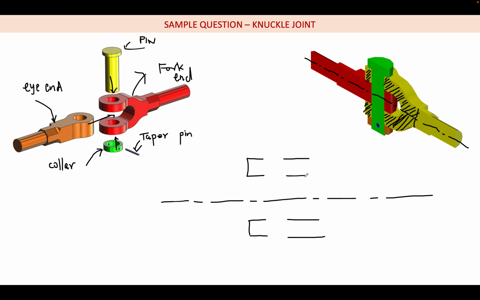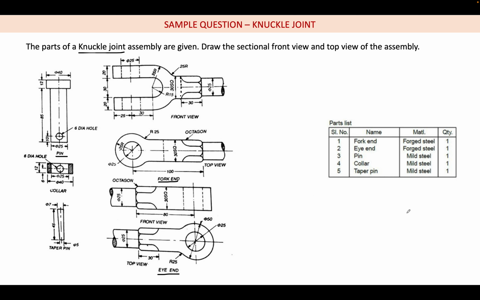This is some radius, and this will have some fillet radius, and it will go like this up to the square here. Then we will have the octagon portion. How that octagon portion is represented is like this.